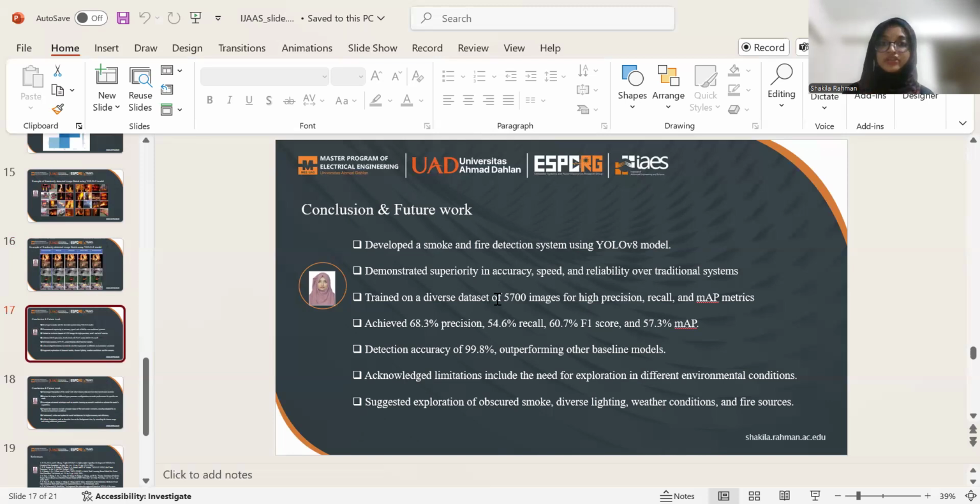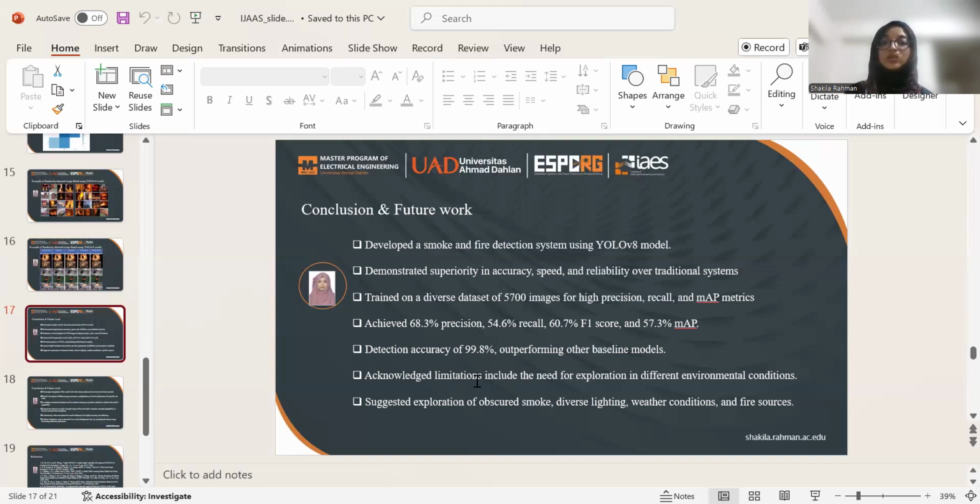Trained on a diverse dataset of 5700 images, we achieved 68.3% precision, 54.6% recall, 60.7% F1 score, and 57.8% mean average precision, while the detection accuracy is 99.8%, outperforming other baseline models.